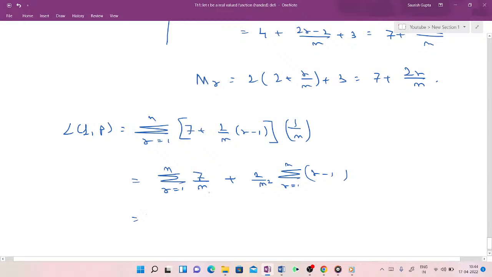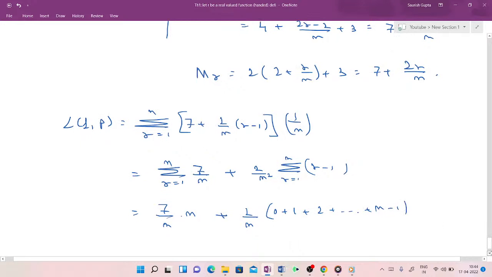In this case also we can take 7/n outside, and the summation of 1 from 1 to n is n itself. We can write this r-1 as 0 plus 1 plus 2 till we reach n-1, as simple as that, right.